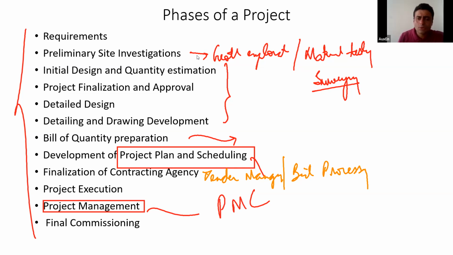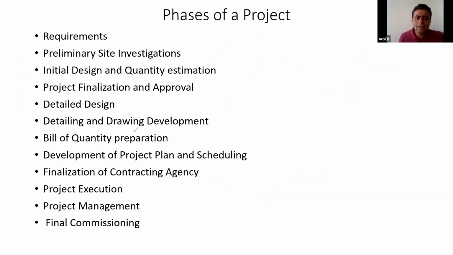Of course, there are agencies who only work as contracting agencies, who only execute the project. So you'll see that so many different agencies are involved for a project, right? And I will say that the structural design and drawing preparation is only a very small part of the entire project.